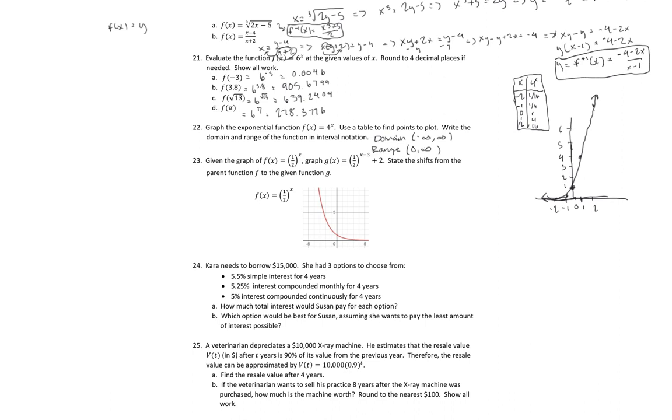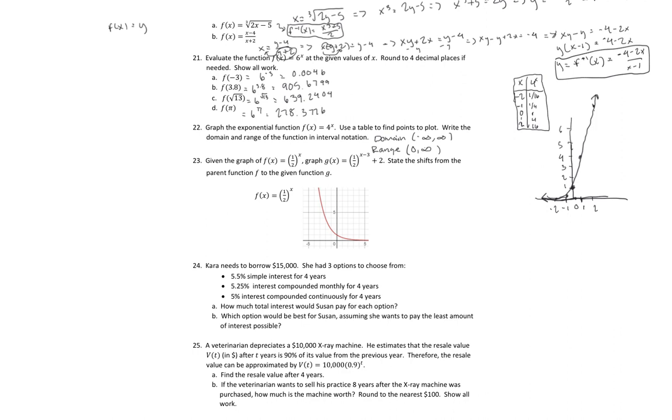Okay, so for number 23, it says given the graph of f of x equals 1/2 to the x, graph g of x equals 1/2 to the x minus 3 plus 2. Now we state the shifts in the parent function f to the given function g. So first let's start out with naming our shifts. We've got this -3 that's being applied to the x.